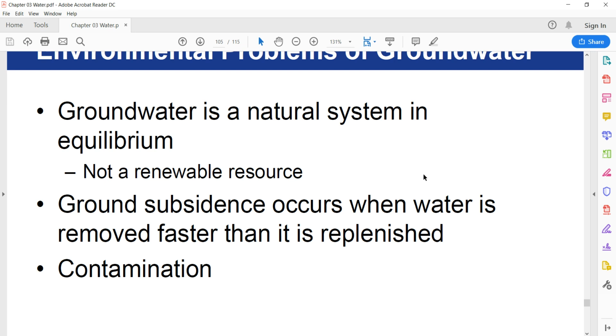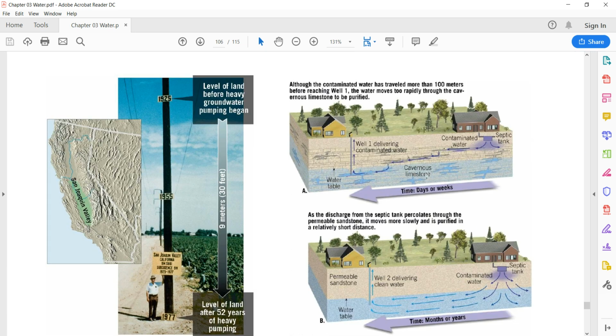Ground subsidence occurs when water is removed faster than it is replenished, because you can imagine the water held in the pores in the subsurface aquifer system has some weight bearing capacity. It can hold some weight above itself. So if you draw that water out from the aquifer system, that weight bearing capacity reduces and the ground will start to settle. And this is what happened here in San Juan Valley.